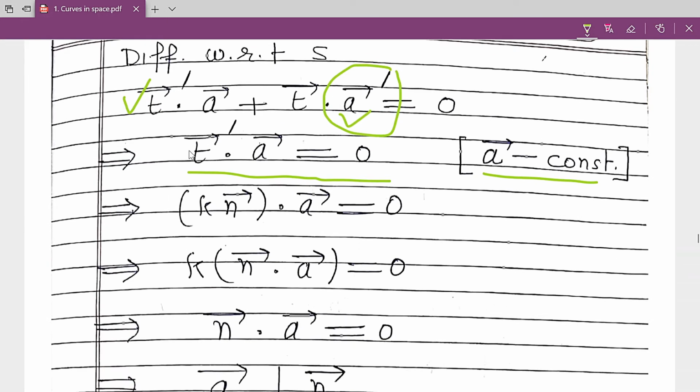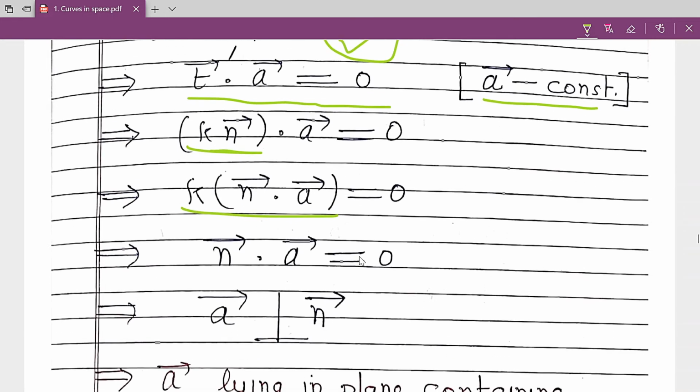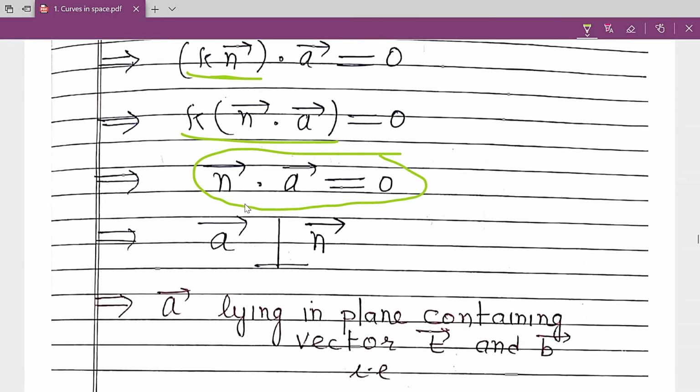Now substitute the value of T dash, which is kappa N, dot the A vector. So we get N vector dot A vector equals 0. Clear? It means the A vector is perpendicular to the N vector.